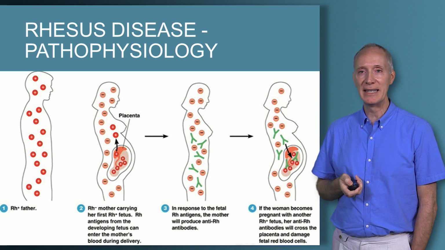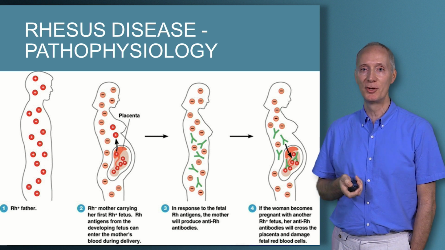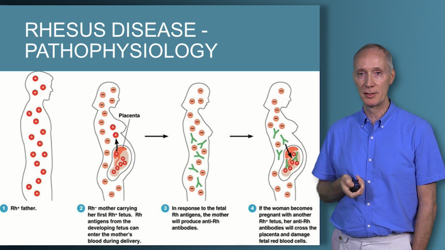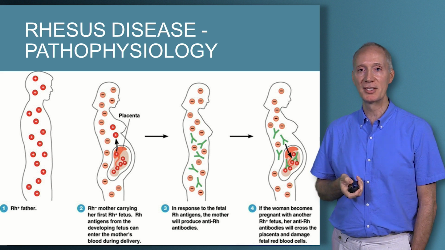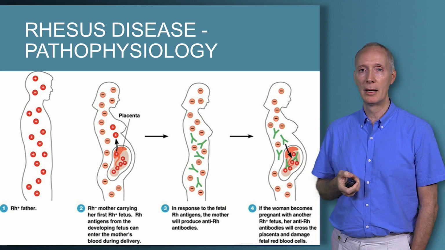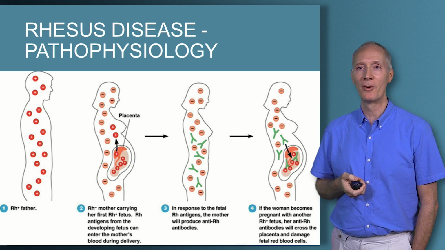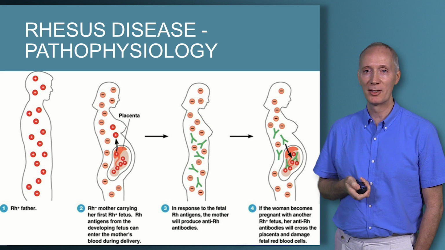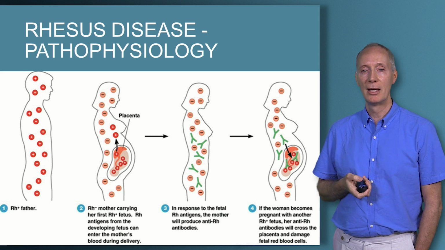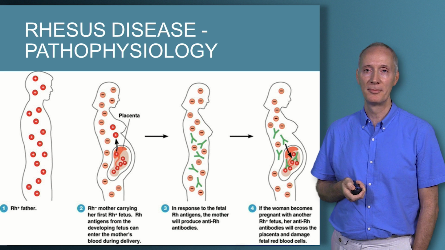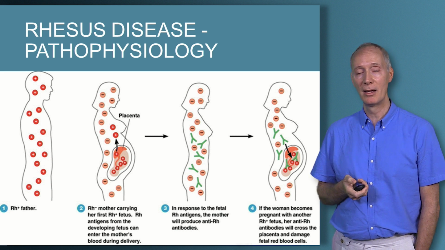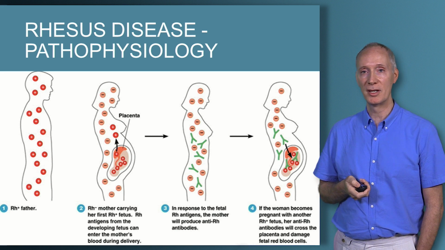Once they cross to the fetus, these antibodies will link to the rhesus positive red blood cells, and then macrophages can catch these sensitized and covered red blood cells and result in extravascular hemolysis, leading to anemia and possibly jaundice after birth.